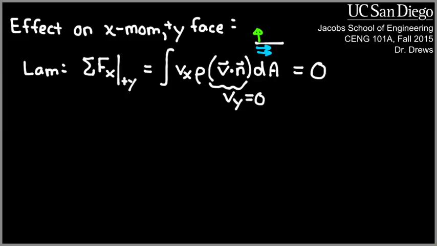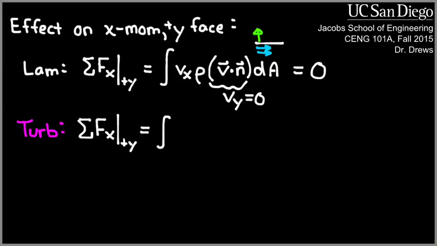However, now that we move to turbulent flow, we see that the situation changes a little bit. So if I again sum up all of my forces in the x direction, just on the plus y face, remember we would have to do this for all 6 faces, but I'm only going to do it for one here, then I would get the following. I would get another flux integral, except instead of where I used to have just v sub x, I now have 2 terms.